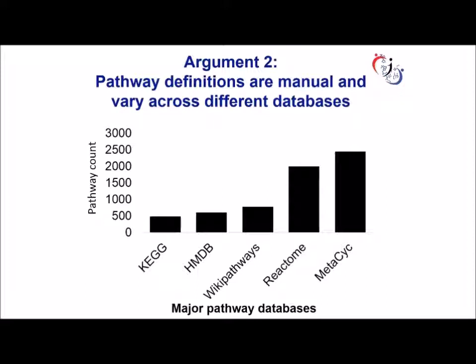There is a 5-fold difference between the pathway count of KEGG and MetaCyc. This raises a question that maybe they're using different pathway definitions, and there is no consensus among pathway definitions in these databases.